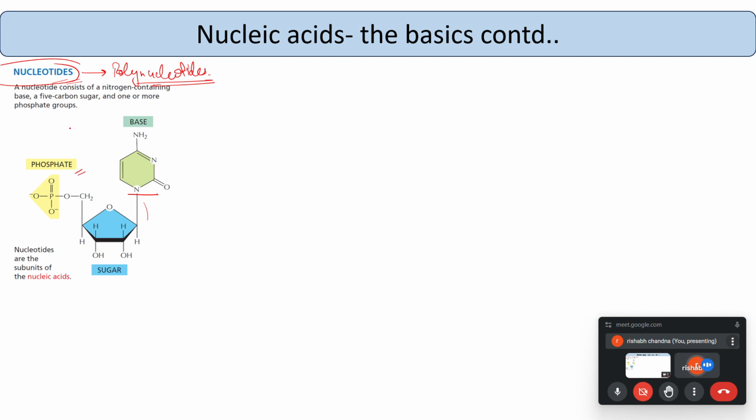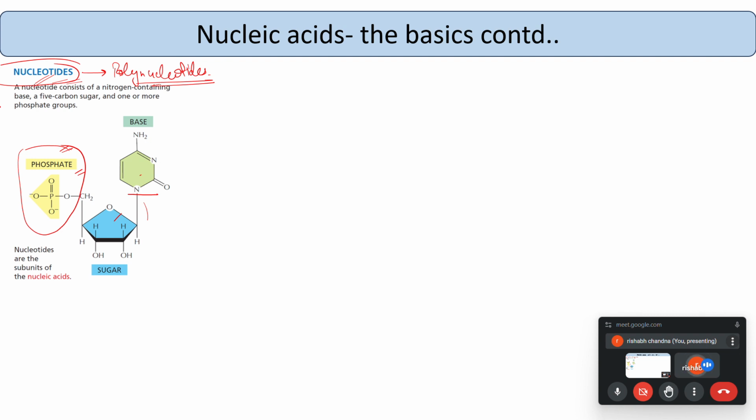So this is called a nucleotide. Then here comes one more thing. If we remove the phosphate group, that forms a nucleoside, the base attached to the sugar molecule. And if we attach phosphate to that group, that is called a nucleotide.